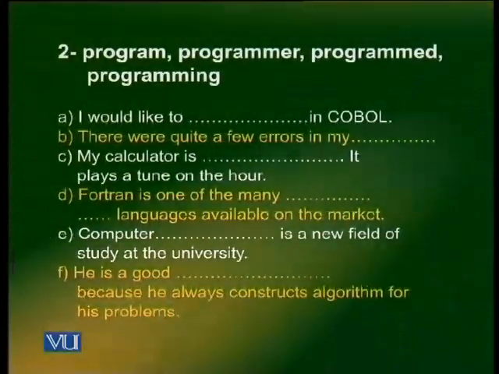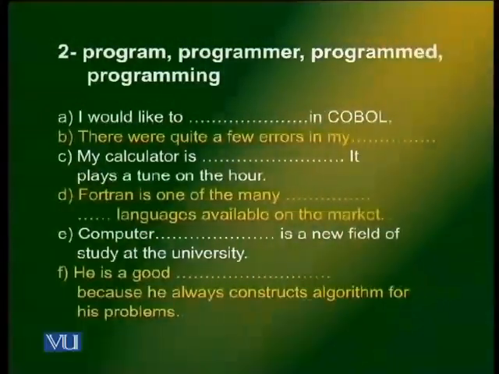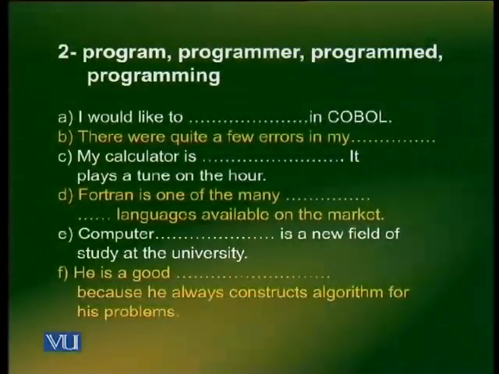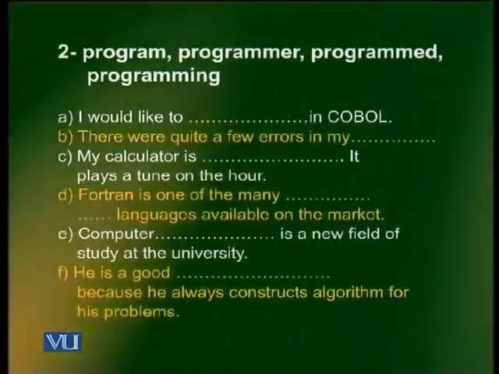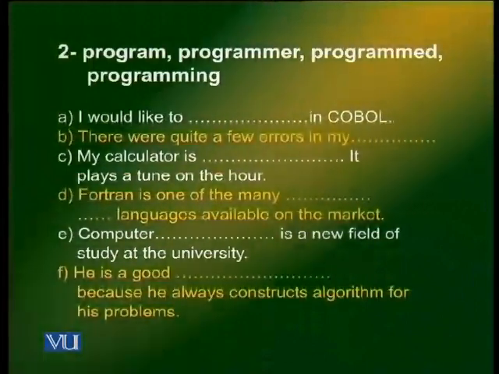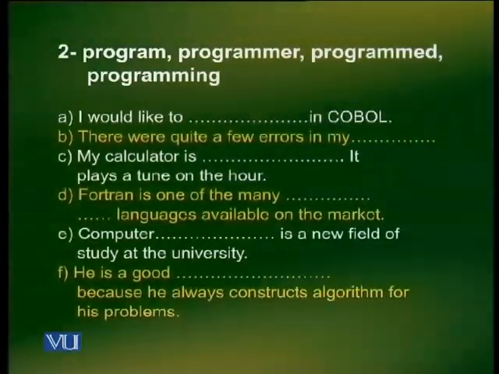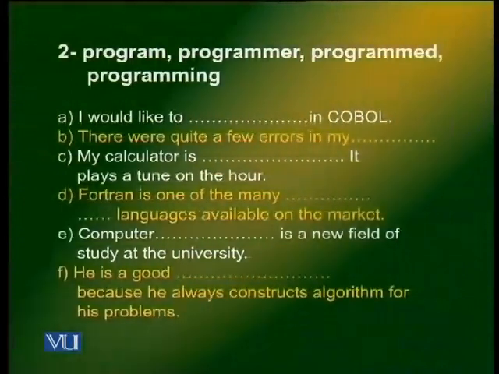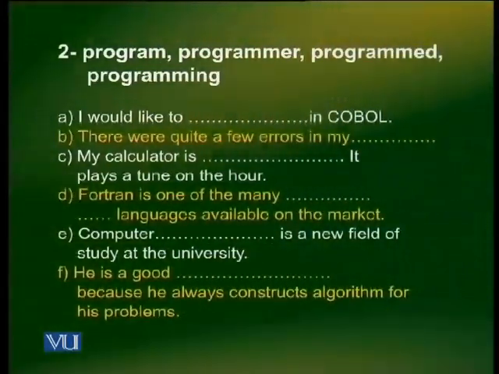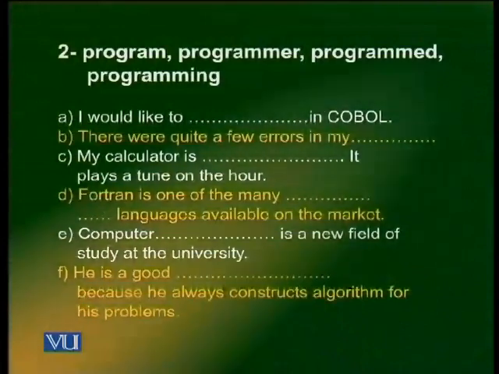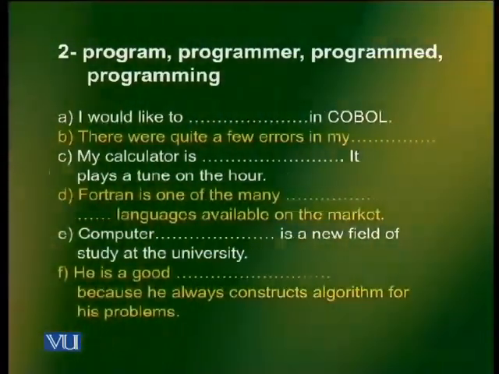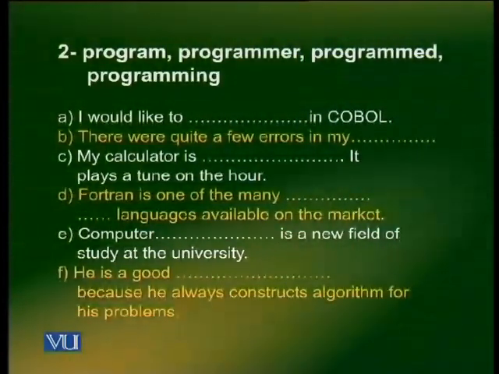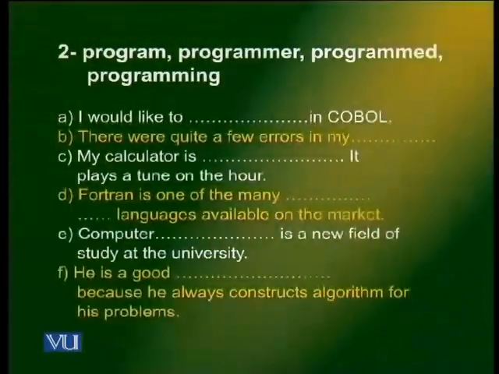My calculator is, it plays a tune on the hour. My calculator is programmed. You've got a clue over there. The verb is. So it has to be the other verb, the word that goes with the helping verb is programmed.